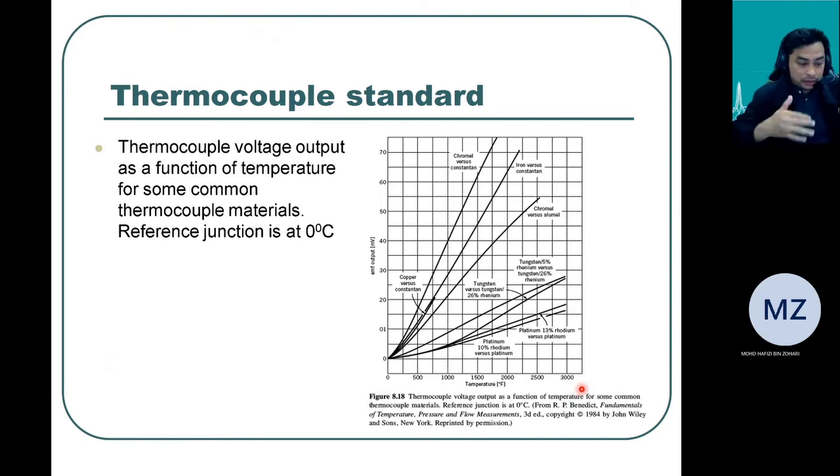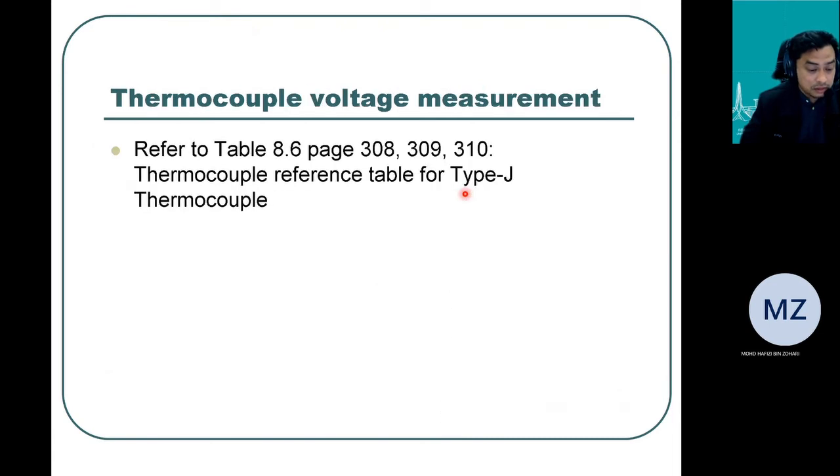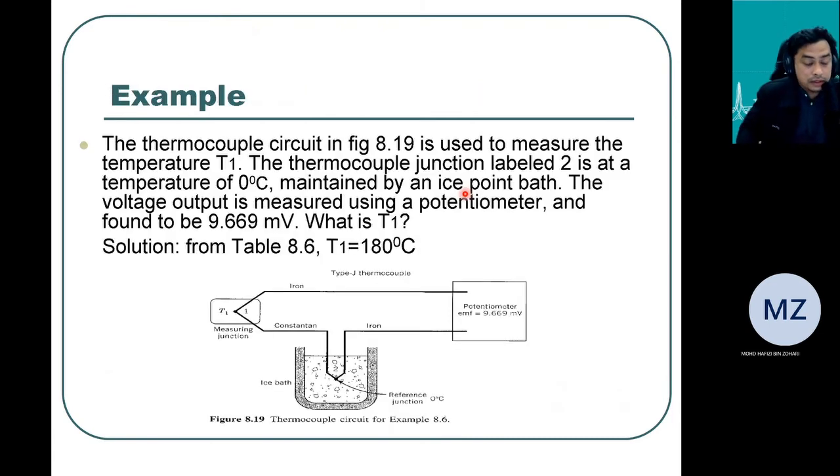So different thermocouples have different slopes, different sensitivity, and different ranges of measurement. But you can see that type E has very high output EMF. That's more sensitive.